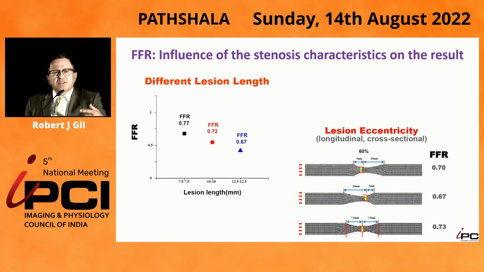Why? Because sometimes you have a circumflex artery in a complex distal left main, which is relatively small, and you have a significant stenosis, and then you have negative FFR results. So the question is whether you should treat or not. Just take into consideration the area of distribution.